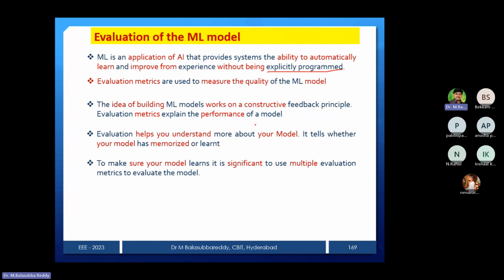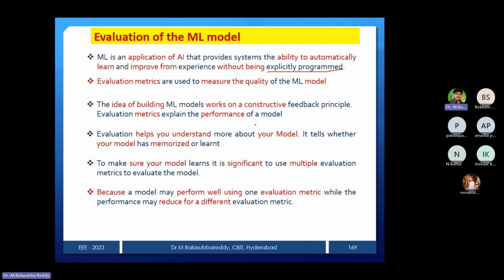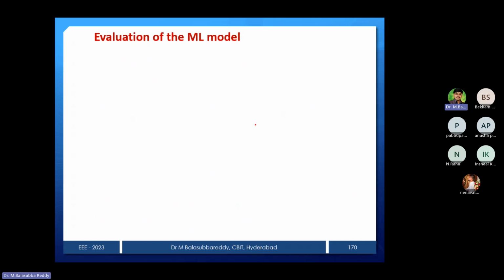To make sure your model learns, it is significant to use multiple evaluation metrics, because a model may perform well using one evaluation metric while the performance is reduced for a different one. The use of evaluation metrics is critical in ensuring that your model operates correctly and optimally.